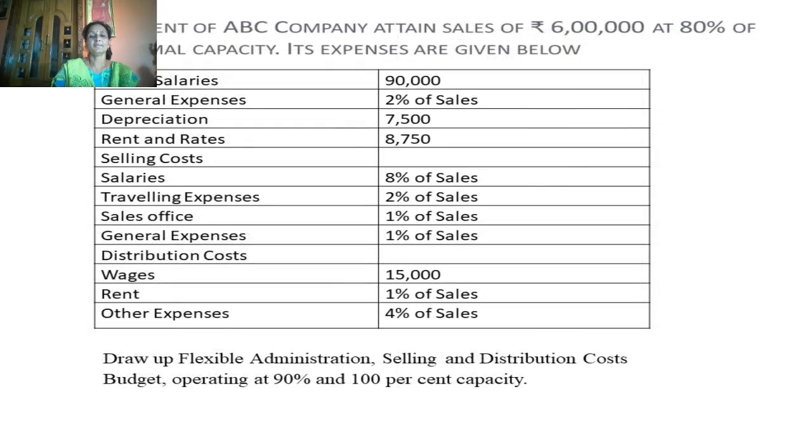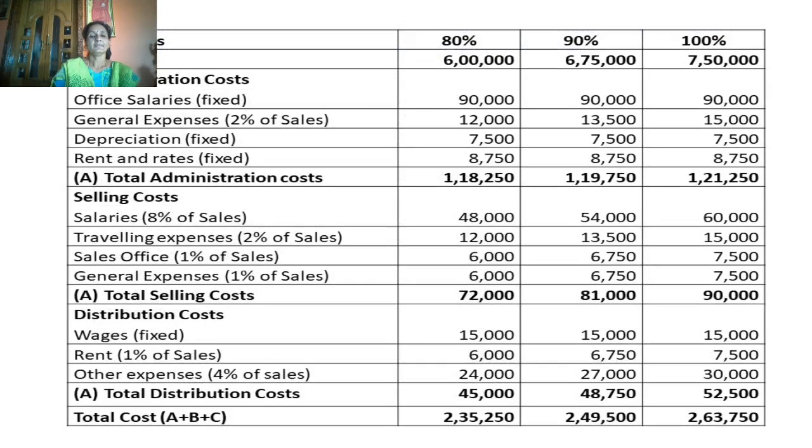The problem mentions 8,750, so it remains the same at all level of activity. When you add up all this, you will get total administration cost. You can observe that all these costs are related to office work, so this will be treated as administration cost. Now you have found out total administration cost, that will be total of A.